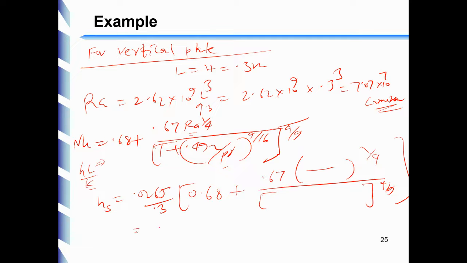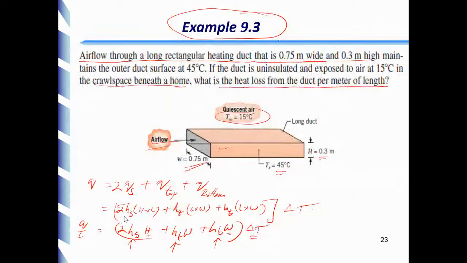So use the calculator. I got this 4.23 is h side. So we got h side.